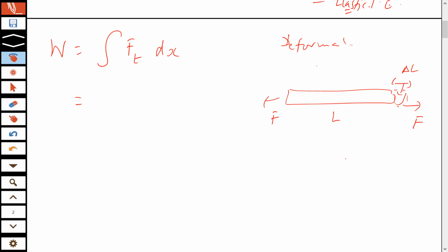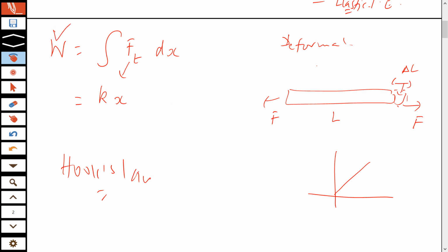If we assume the region of proportionality, in which we can treat it as elastic, you remember we can apply Hooke's law there, and in Hooke's law this force will simply be equal to kx. We don't write the minus sign because that minus kx is the restoring force and this is the applied force. We are now considering work done on the system, so for that, kx will do it, okay?